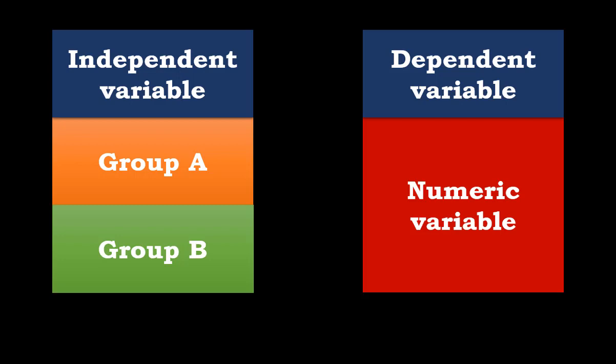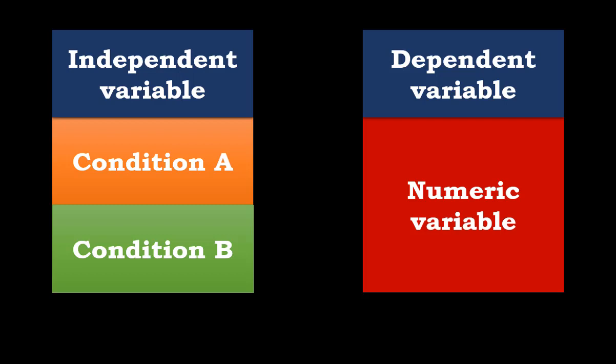I want to show you a third type of design, which is similar to the first one. So in here, we've got condition A and condition B. What's the difference? Well, we've got a group that we assign to condition A and a group we assign to condition B. Now, there is no control and experimental.